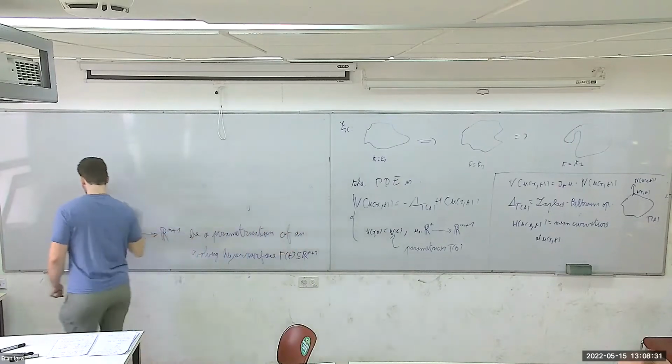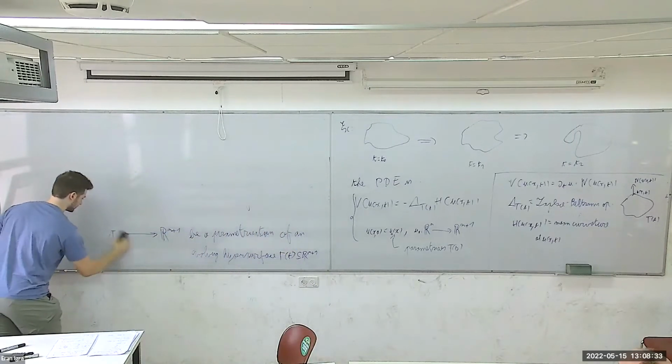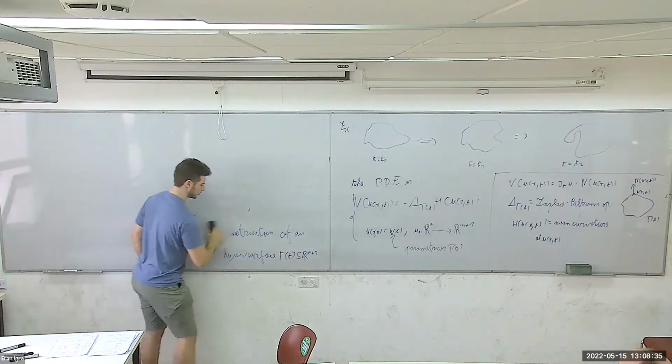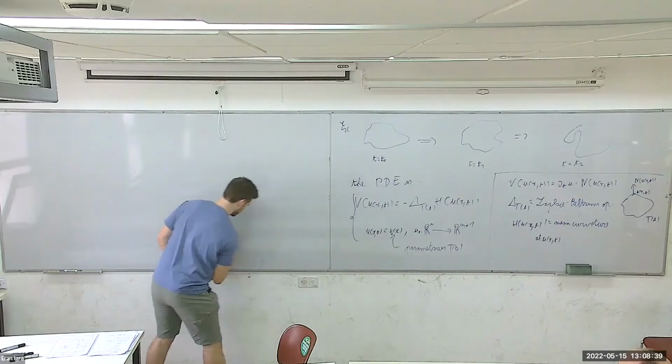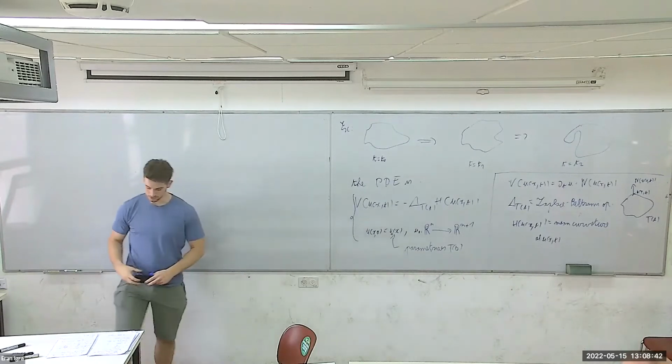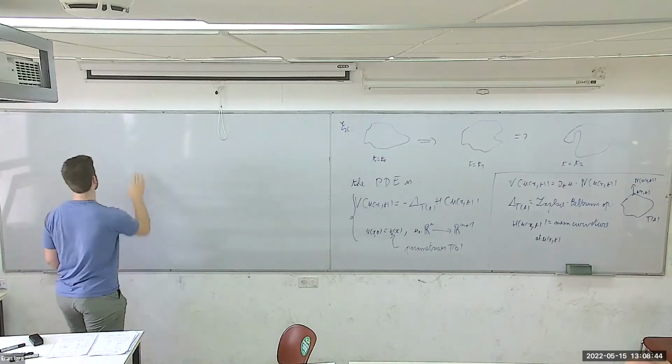So this PDE is a gradient flow. What does it mean? According to some norm, we're trying to continuously minimize some functional in the most efficient way possible. So what's the gradient flow?